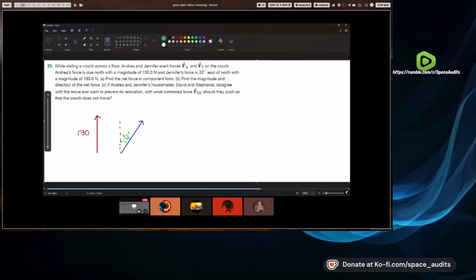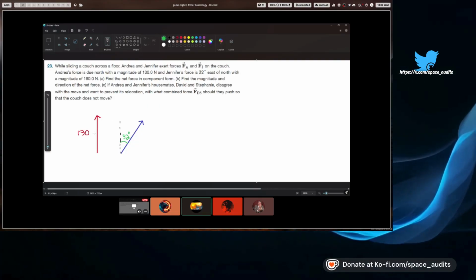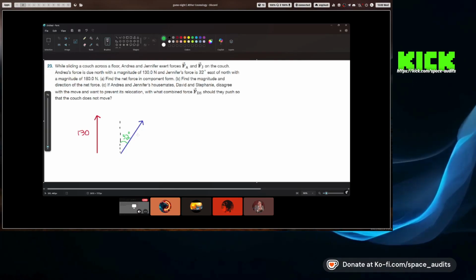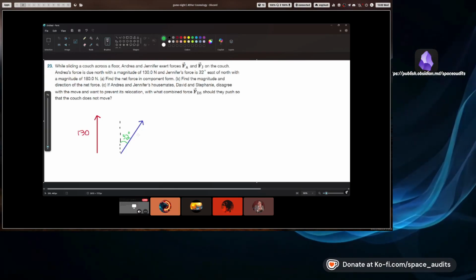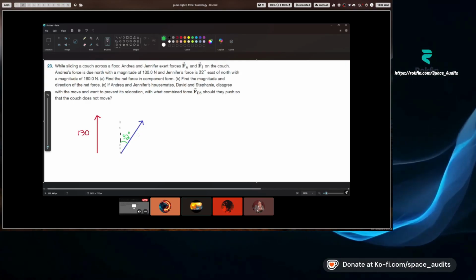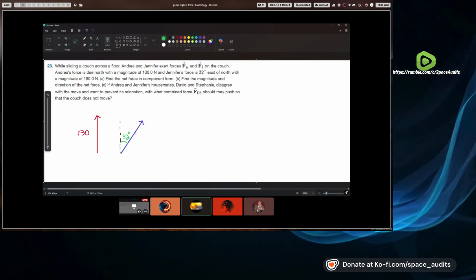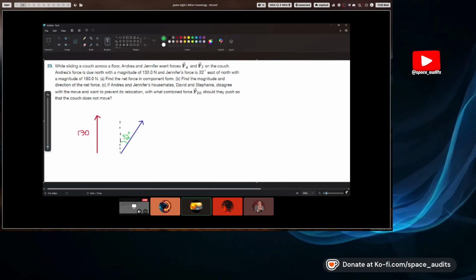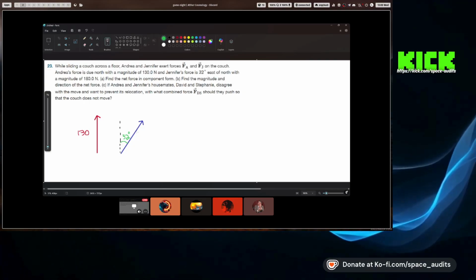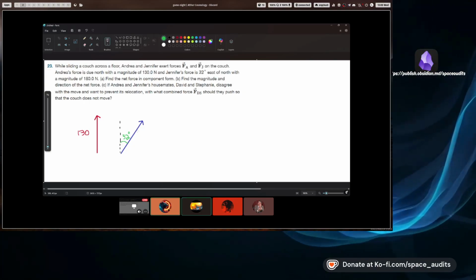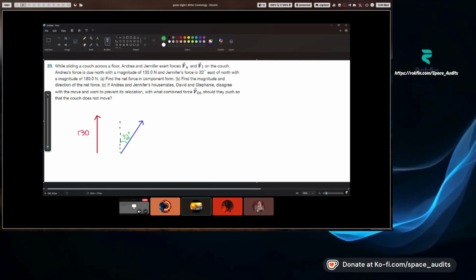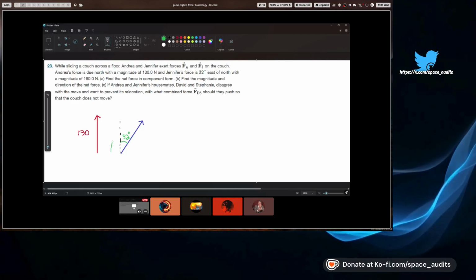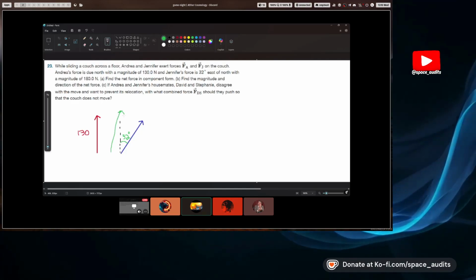Now, here's the thing. I have two forces that are in different directions. So what they're going to do is create a net force that's in some direction like that.